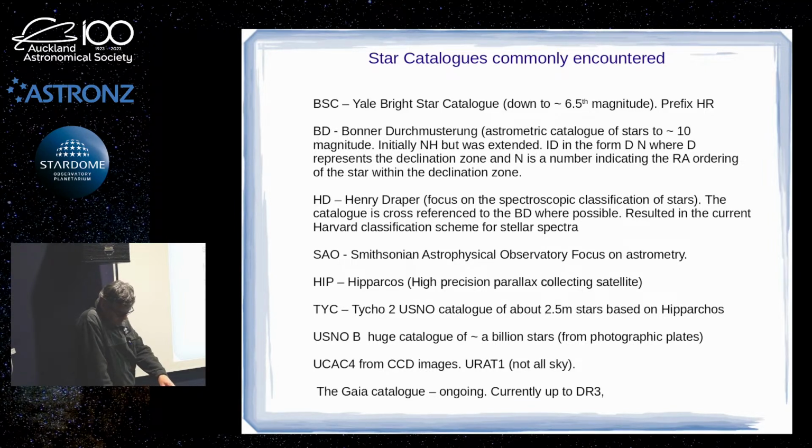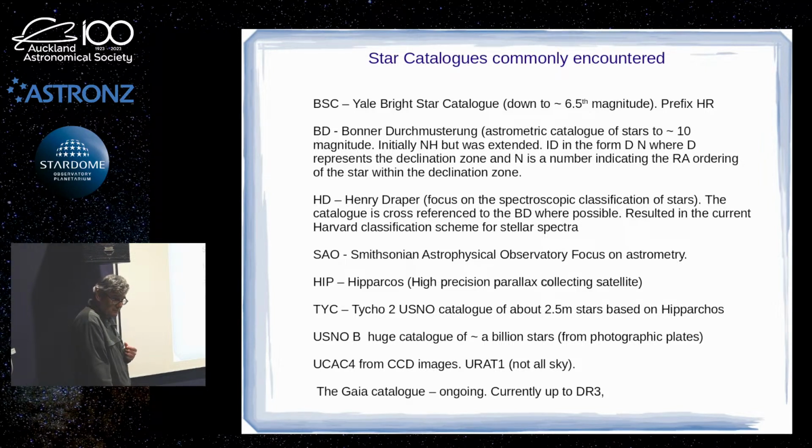Probably one of the fairly important ones, the Henry Draper catalogue. I mentioned before the Harvard University. Basically, Henry Draper was an amateur astronomer, and after he died, his widow actually paid to have all of that work done at Harvard University that Annie Cannon and what was her name, and Miss Fleming, what was her first name?